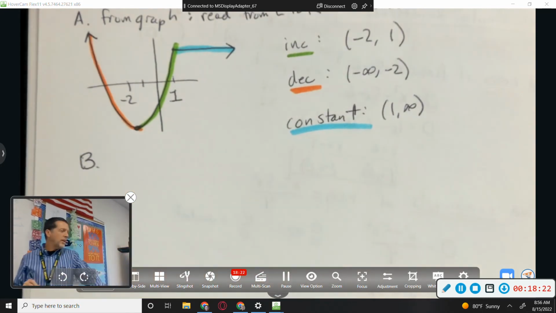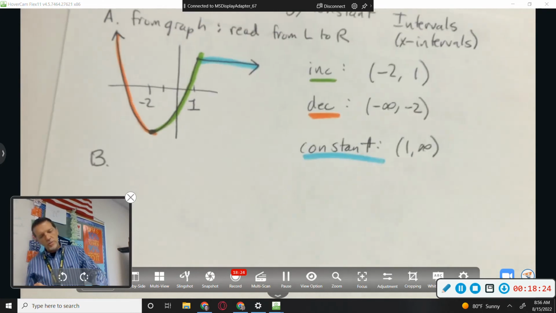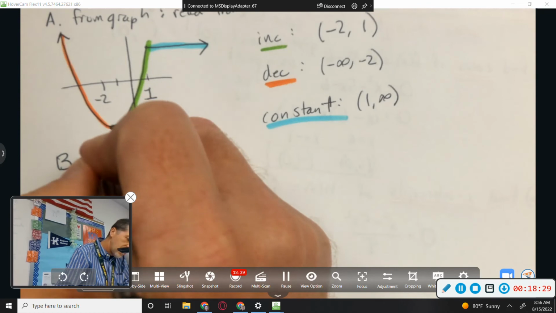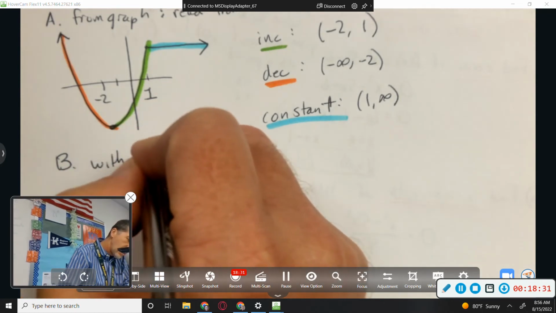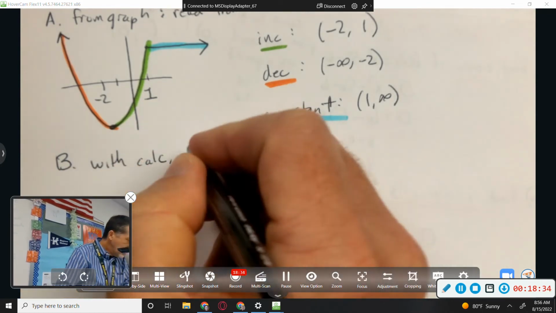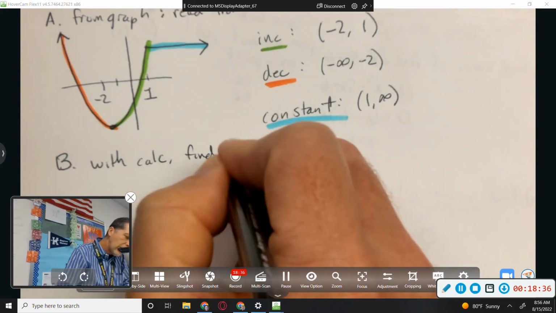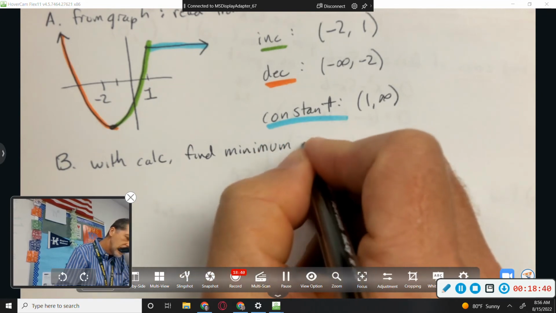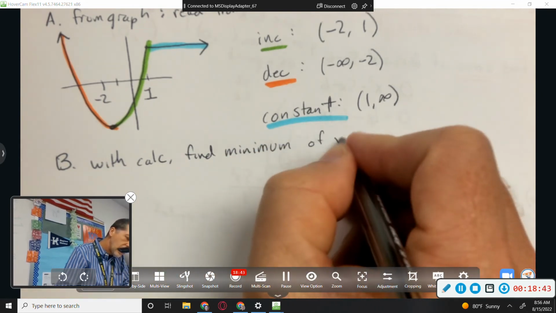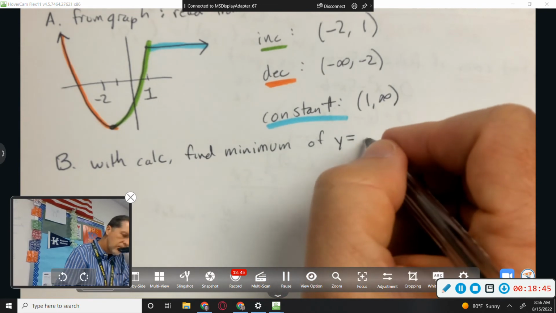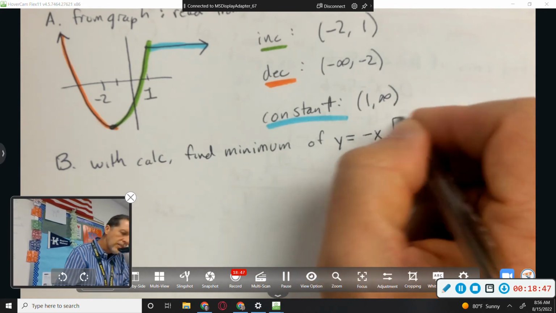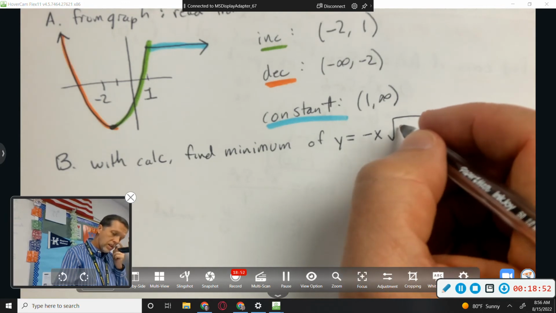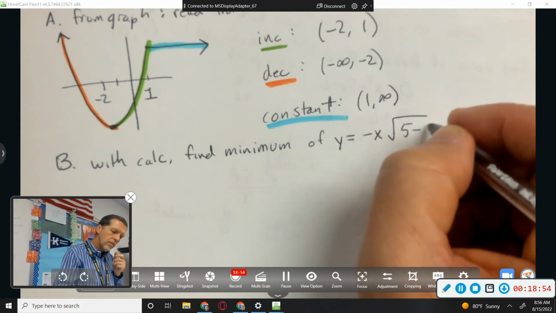All right, now why we need a calculator other than to do 162 minus 16. With calculator, find the minimum of y equals negative x times the square root of 5 minus x.